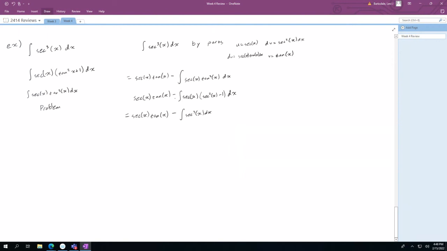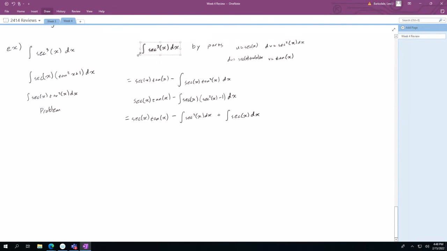And then I'm going to distribute this: secant times negative 1 is negative, and negative times negative gives us positive the integral of secant of x. Seems like a loop. You're right, it does. So I'm just going to copy this and put it right down there.